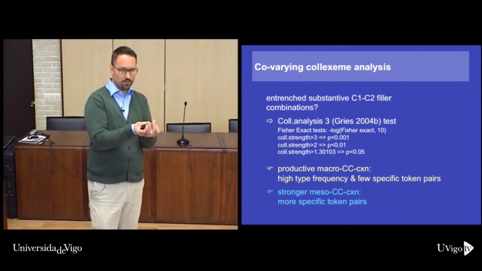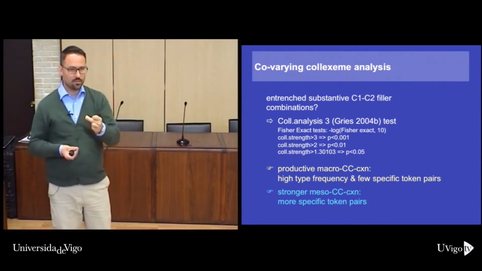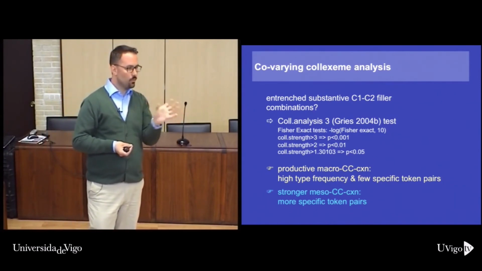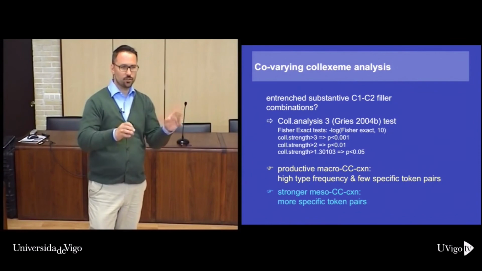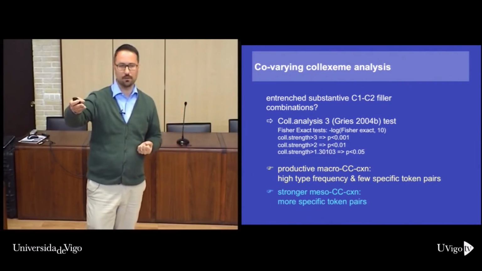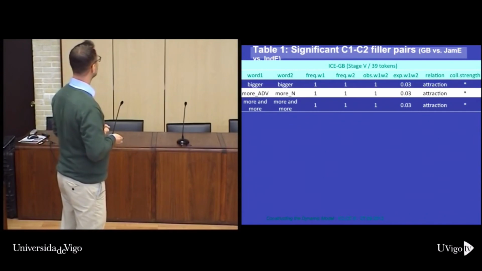You rely more on mesoconstructions, you're not quite as independent. You rely more on macroconstructions, then that means you need less of these specific ones, the more, the bigger, the better. And there shouldn't be as many significant pairs, because you can rely on a more abstract schema. Because innovation should be at the meso level.